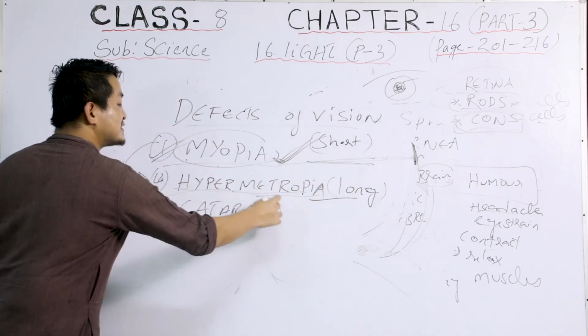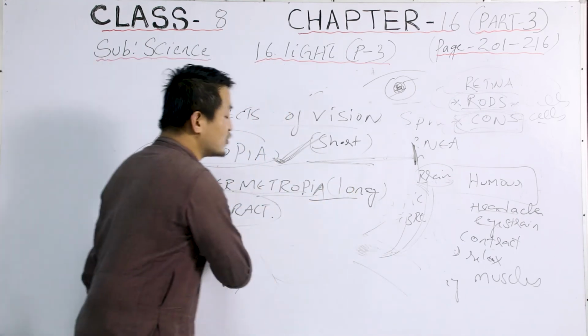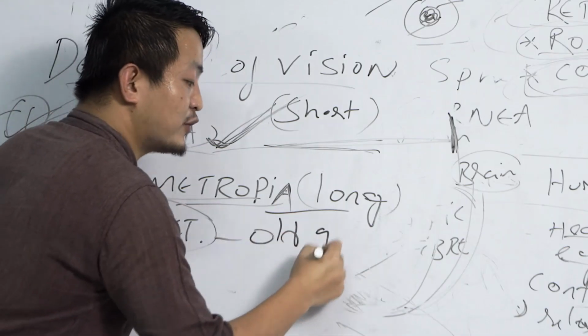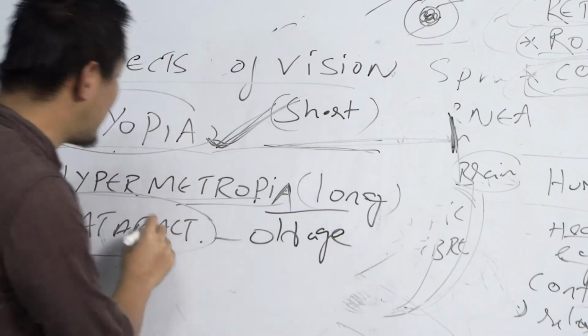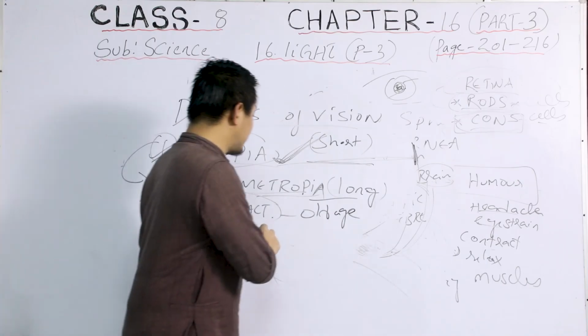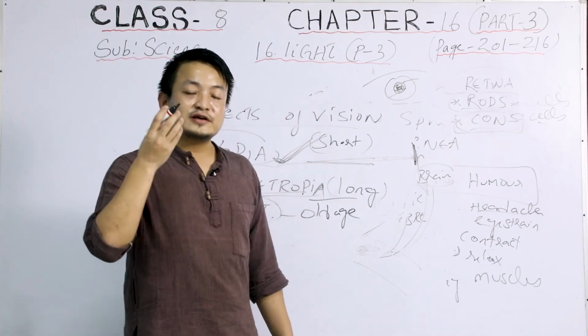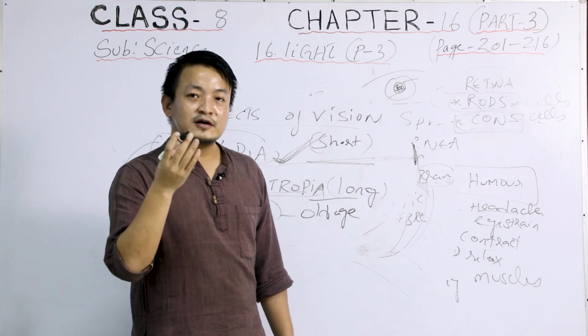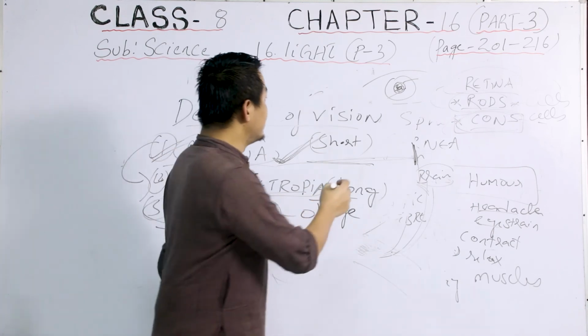Now, this cataract is totally different. It can occur because of old age as well. What happens in cataract is there will be a cloudy, foggy, or milky vision in the eye lens.